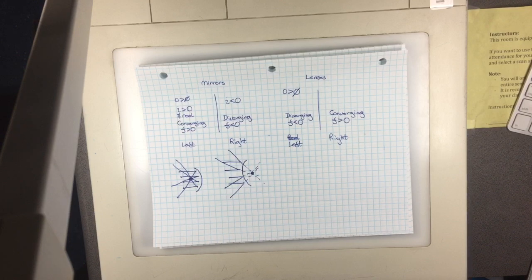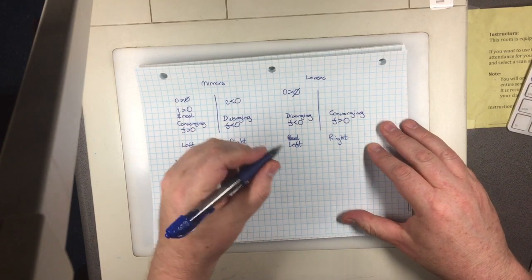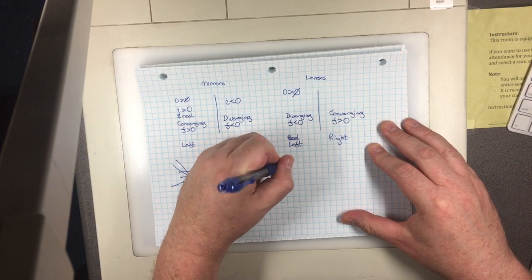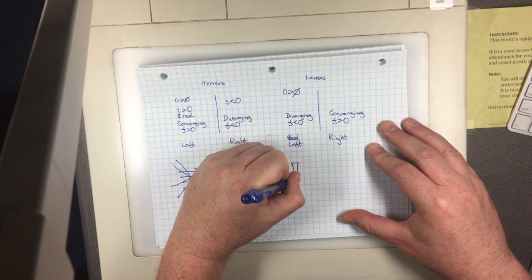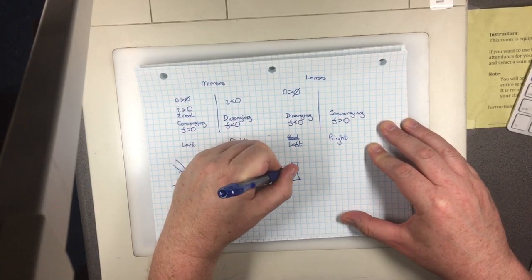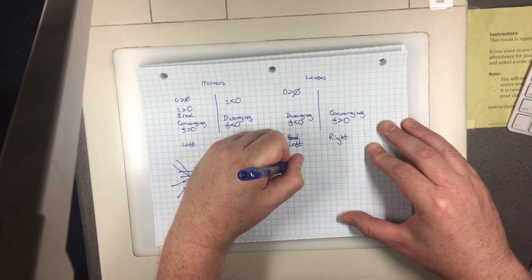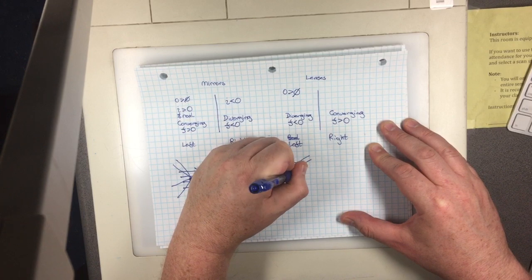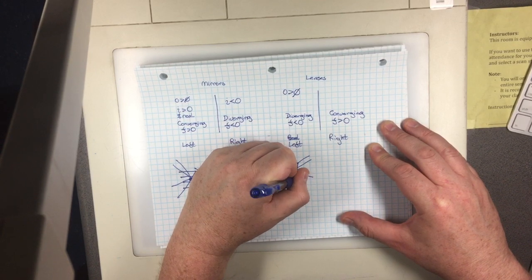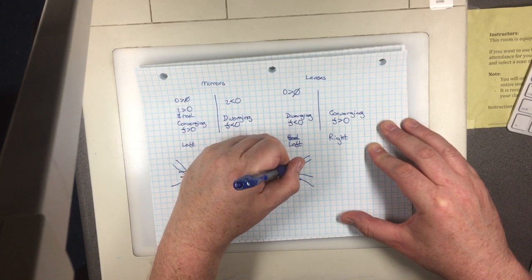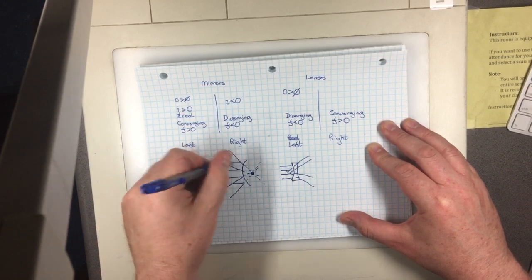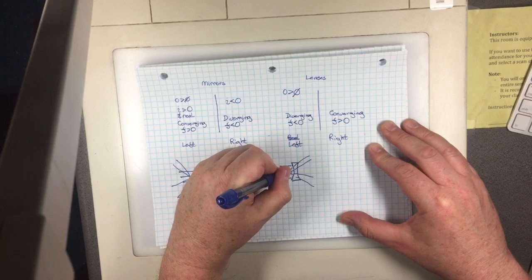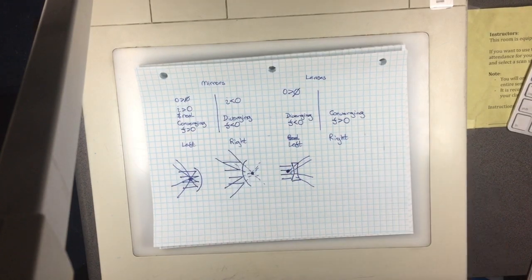For lenses, a diverging lens looks like that. The rays will pass through rather than reflect. And so what happens is, if you trace back those rays, much like you trace back these rays, the focal point is to the left.